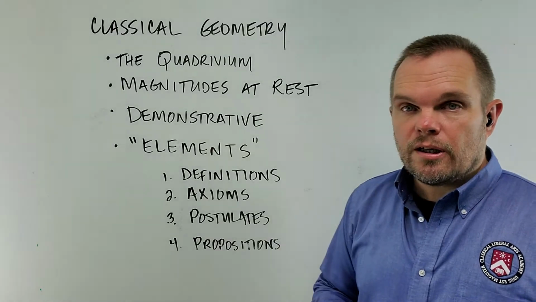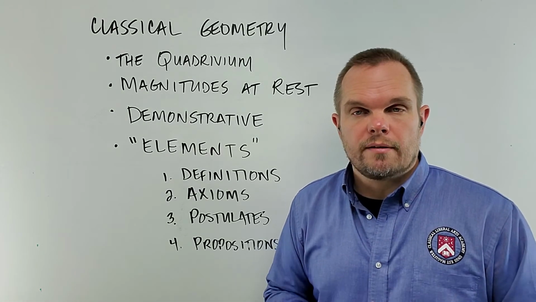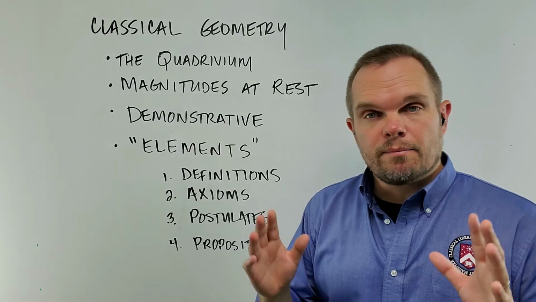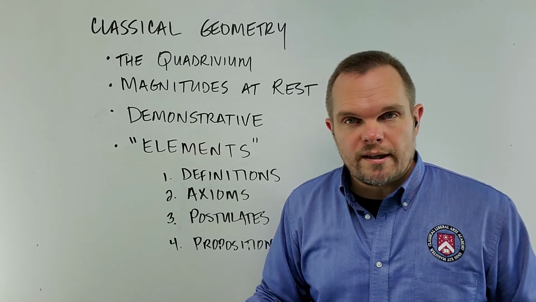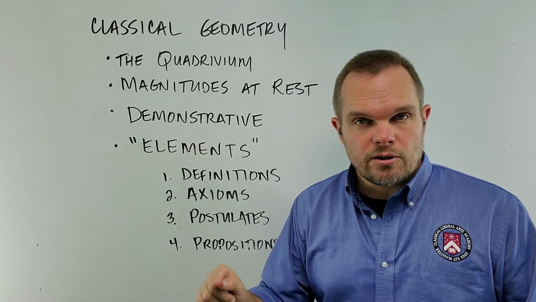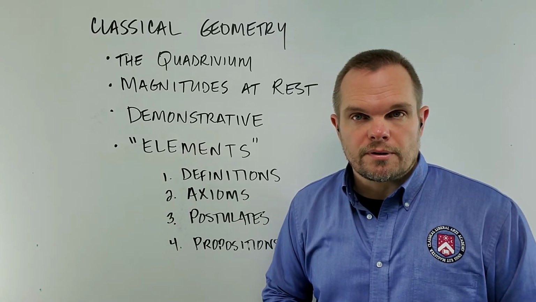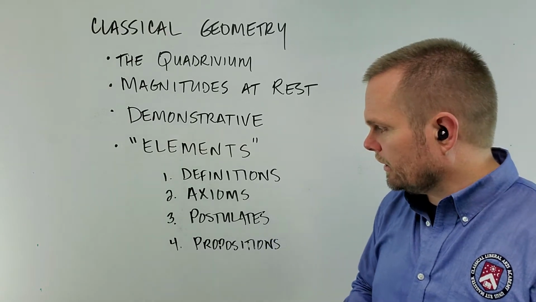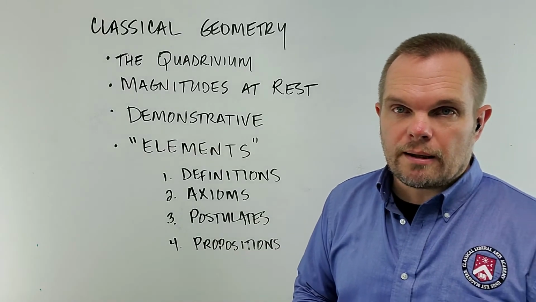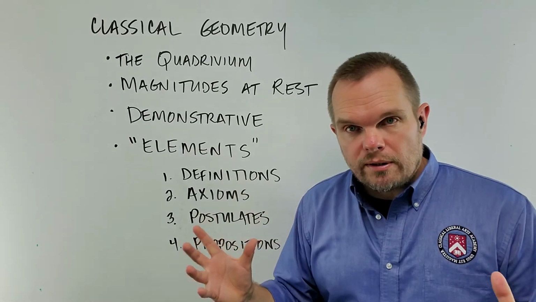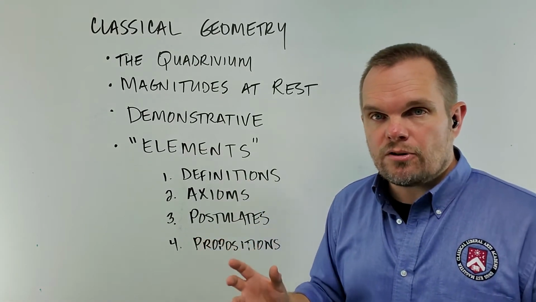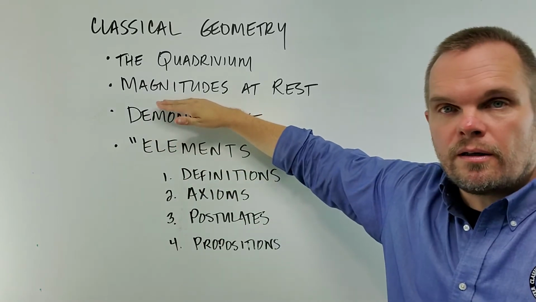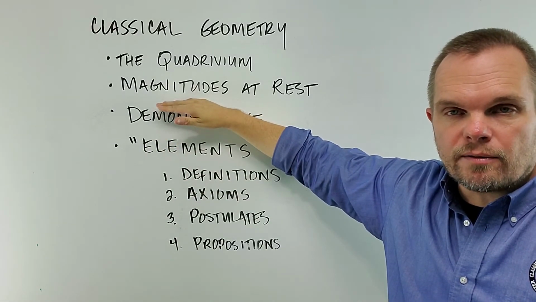That's how geometry helps to cultivate that true spirit that Plato said no one was allowed in his academy until they had first developed that taste of absolute truth. Okay? Geometry helps us to establish that. That's not why we study geometry. We study geometry because we want to learn the art of magnitudes at rest.